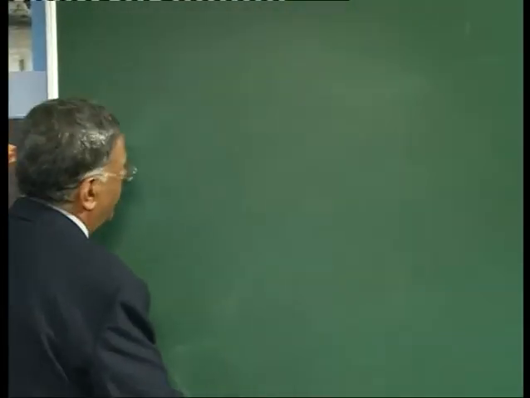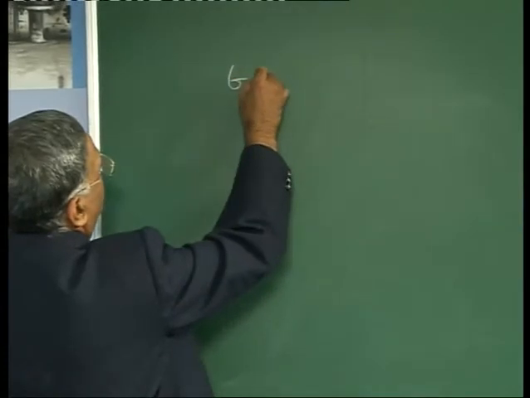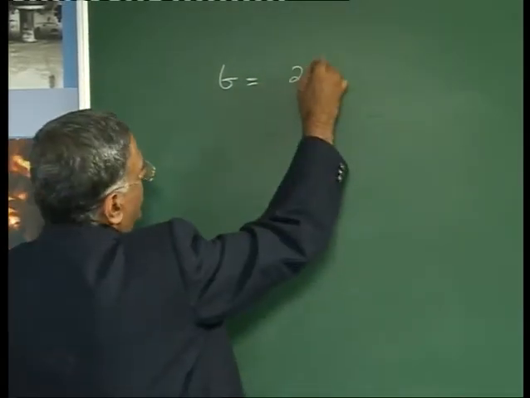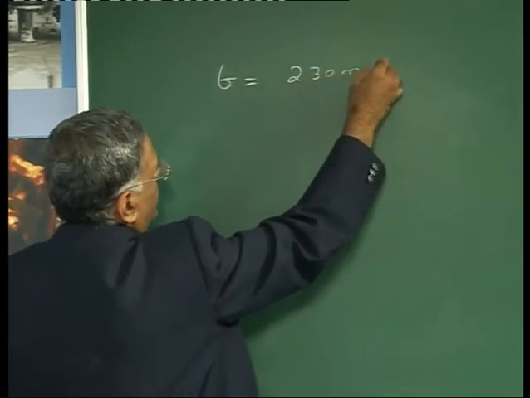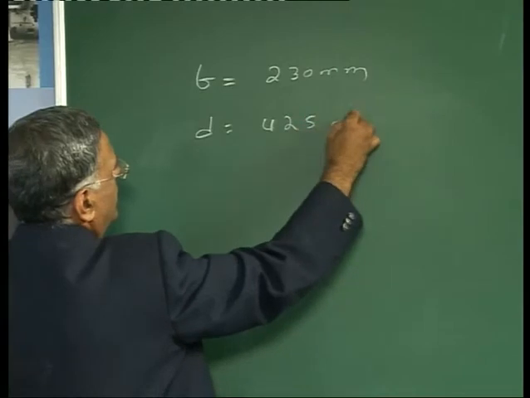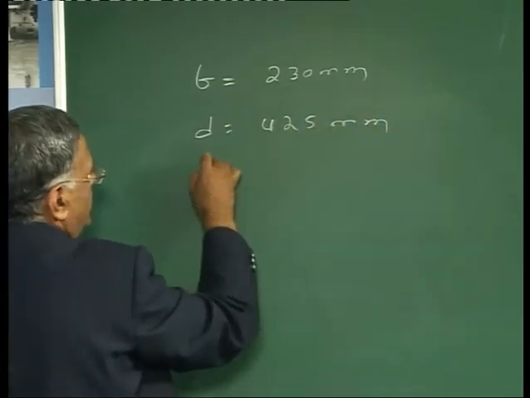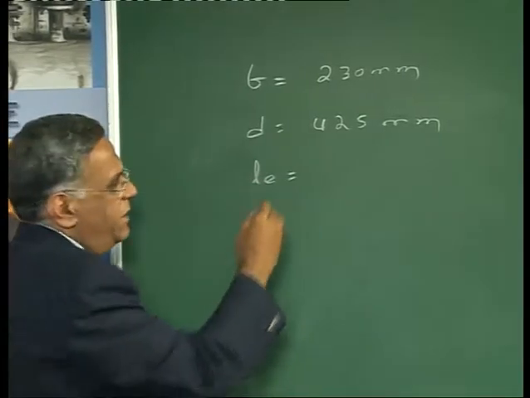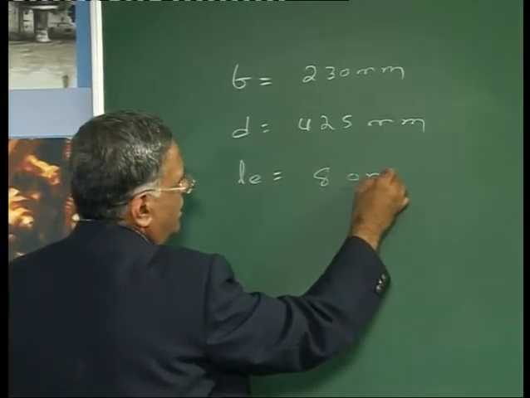So note down whatever the data given here in the problem, like B equal to 230 mm, small d equal to 425 mm, effective span LE equal to 8 meters.